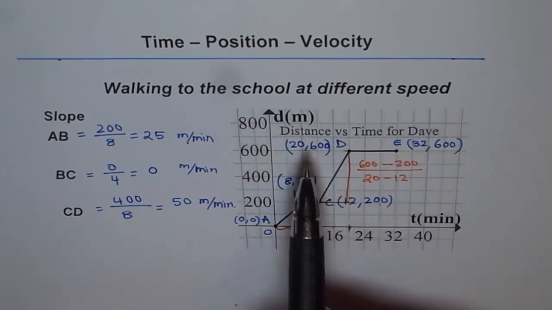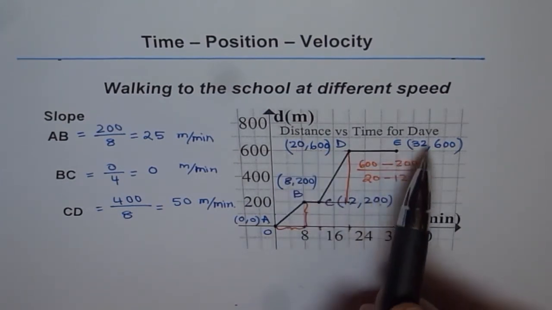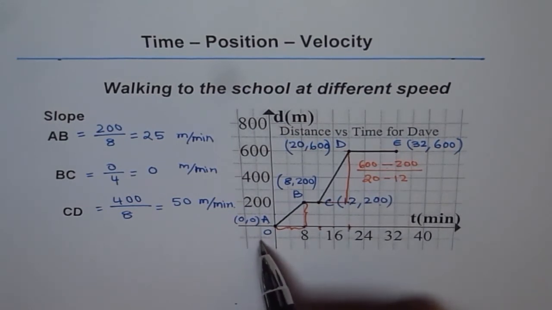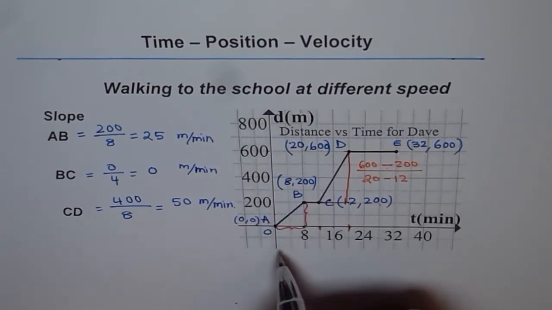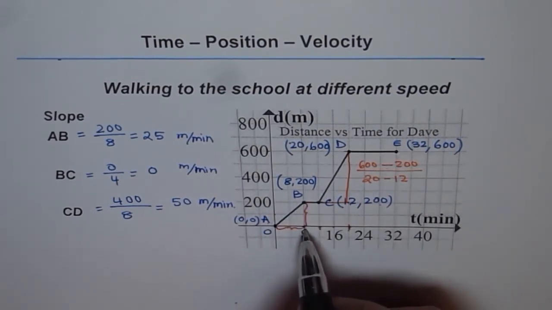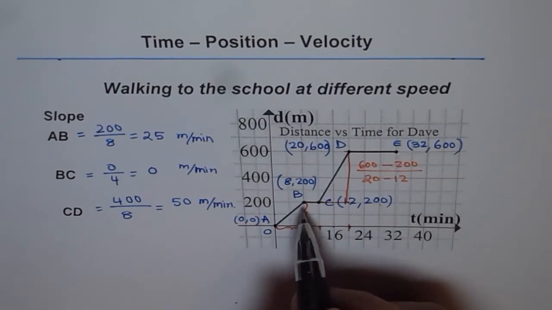So we can now say that the story could be that Dave starts from home at the instant when time is 0. He covers the first 200 meters in 8 minutes. So along this path, the speed is 25 meters per minute.